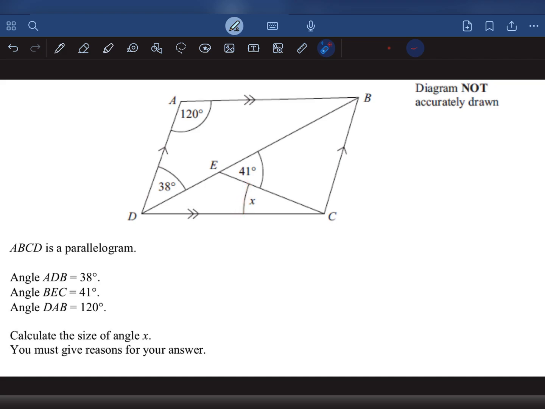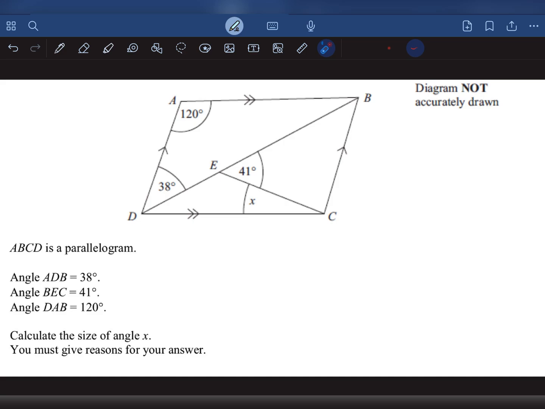So for this, let's say these are the parallel lines. First of all, these are parallel lines and these are also parallel lines. So we know that the sum of the angles between the parallel lines is equal to 180 degrees, right? With the help of that, we can find this angle.